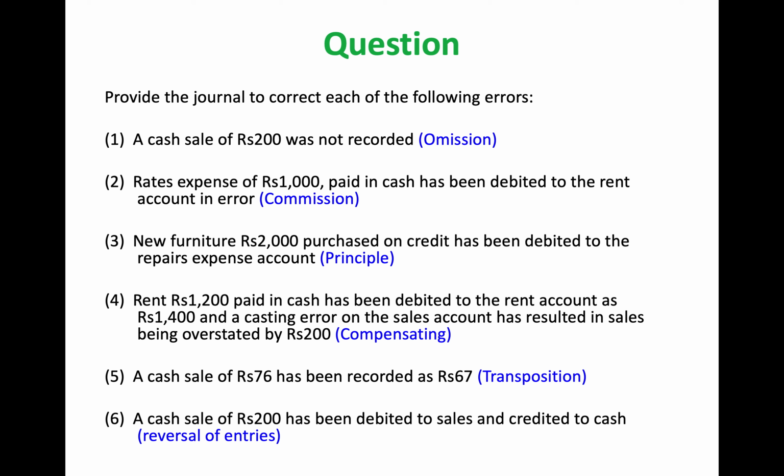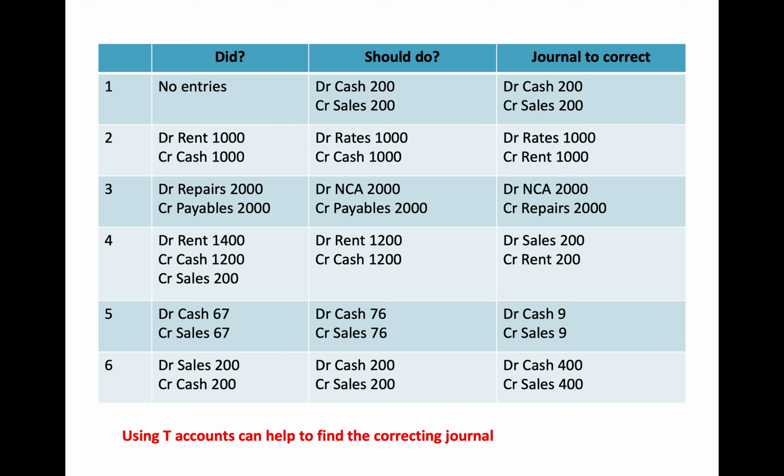A cash sale of 200 rupees has been debited to sales and credited to cash. This is a reversal of entry because when you make a sale, you need to record your cash in 200 and credit your sales by 200. To correct this, you need to debit cash by 400 and credit sales by 400.